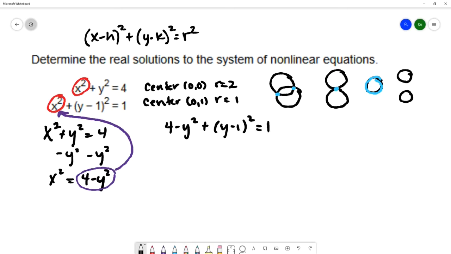Now I have an equation with only the variable y in it, and I'll try to solve that. To solve it, I want to get rid of all these parentheses and combine like terms as much as possible. So that means I will write (y minus 1) squared as (y minus 1) times (y minus 1).